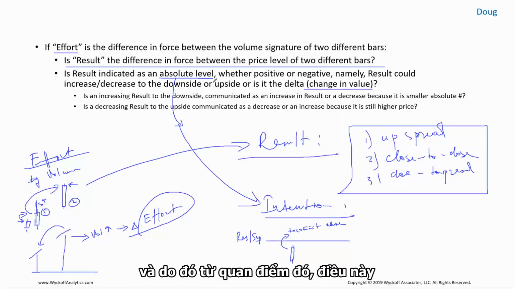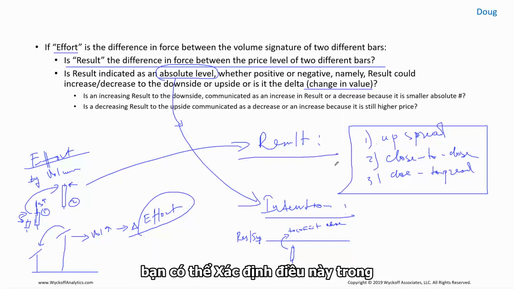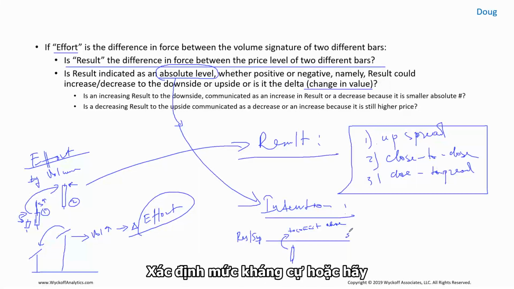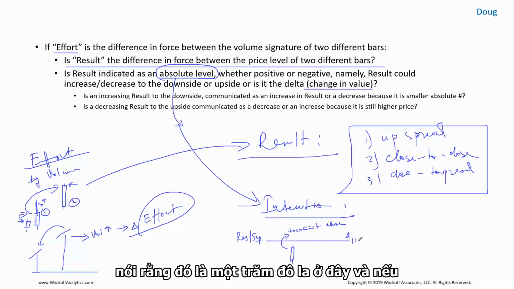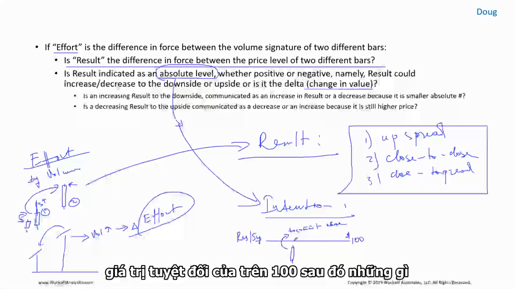And therefore, from that perspective, this is the absolute. You could define the intention, whether it was fulfilled or not, in absolute terms, because you could define the level of resistance. So let's say it's $100 here. And if the price does not commit on the absolute value above 100, then what does it mean?